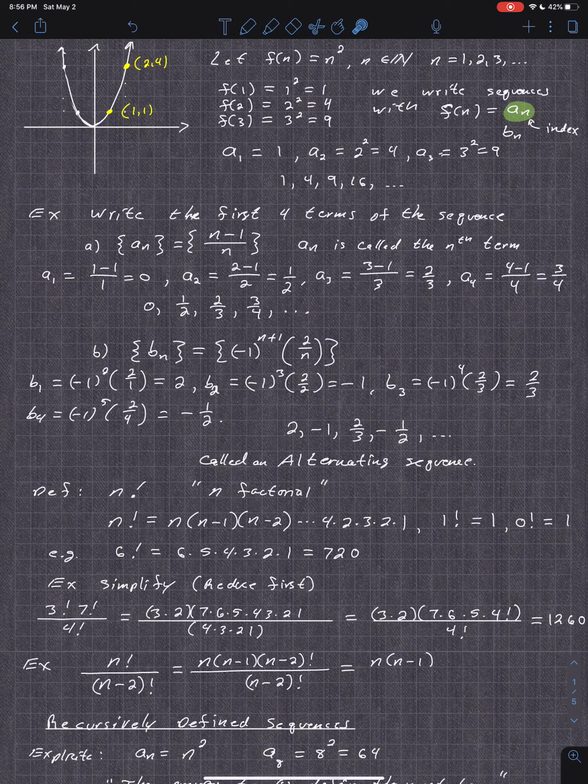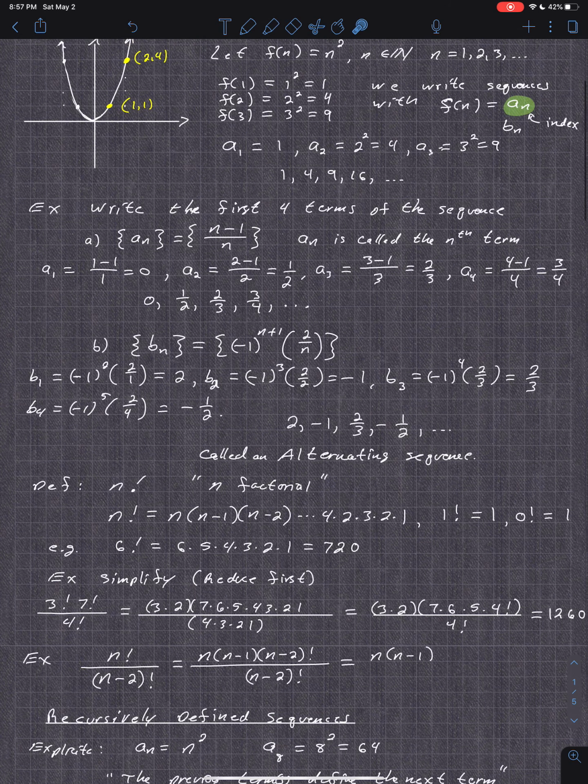Okay, next one. B sub n is this form: negative 1 to the n plus 1, over n. What happens there is as you put in values of n, again, your domain starts at 1. Here's your domain up here.